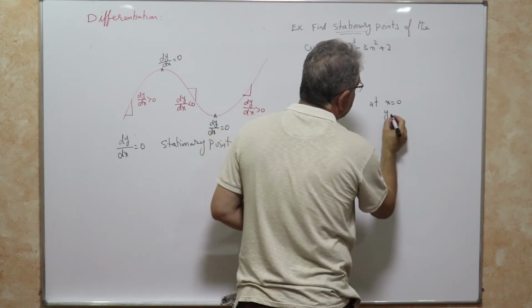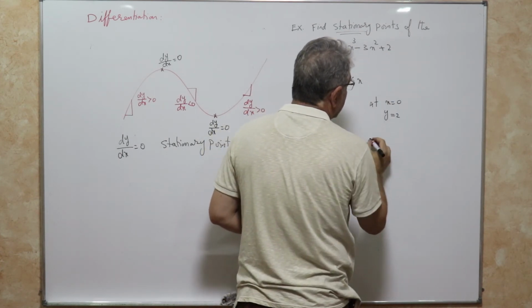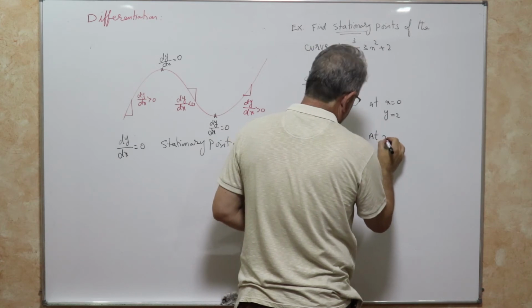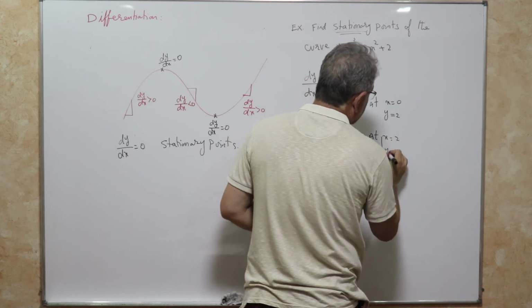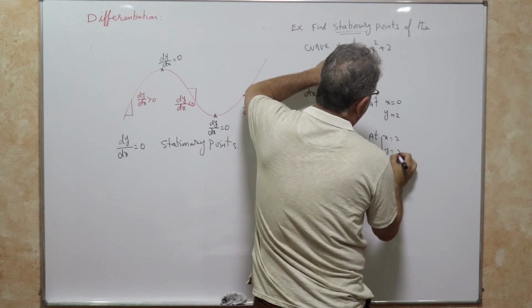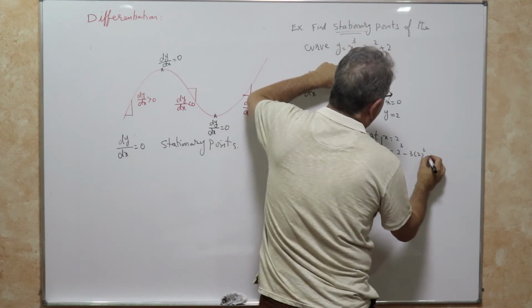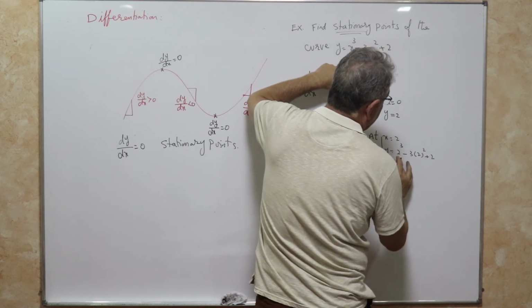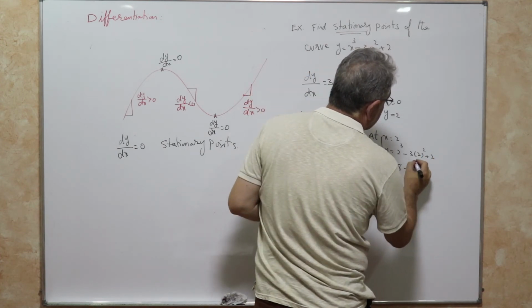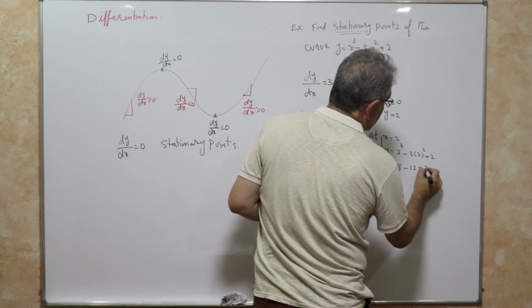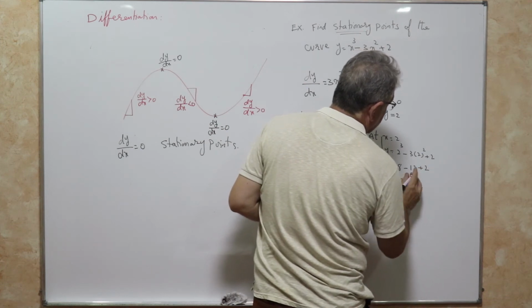Therefore the answer is 2. So 1 point is this. At x equal to 2, how much is y? y is equal to 2 to the power of 3 minus 3 times 2 to the power of 2 plus 2. This is 8, this is minus 12, plus 2. So it is negative 2.